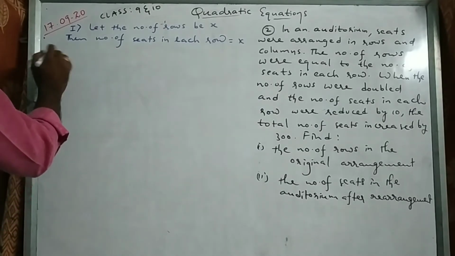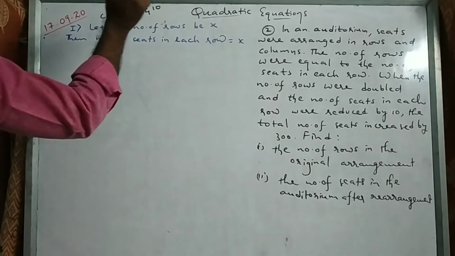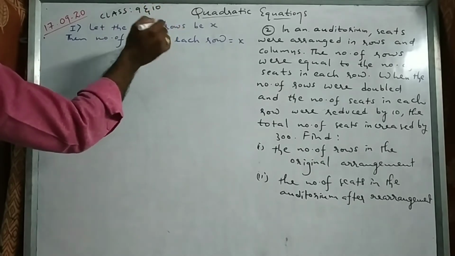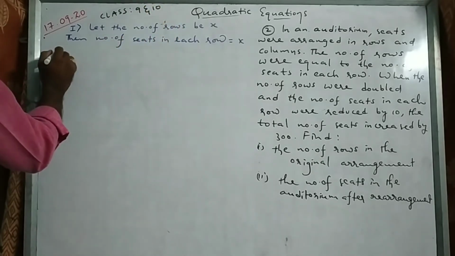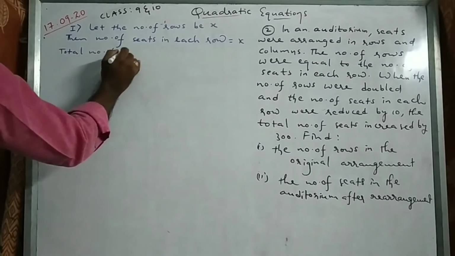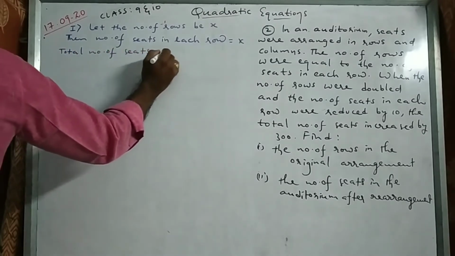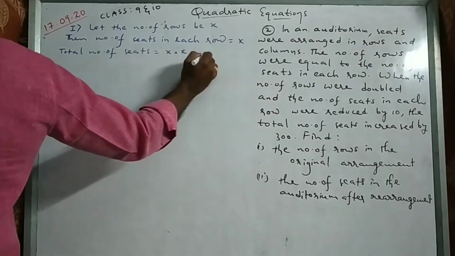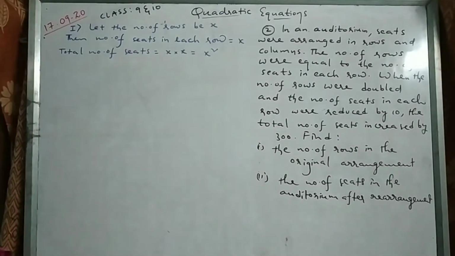Now total number of seats: rows x, in each row x seats, so total is x into x, that equals x square.